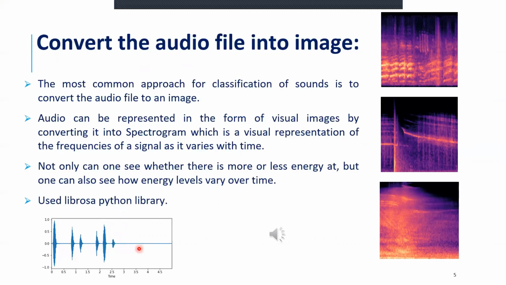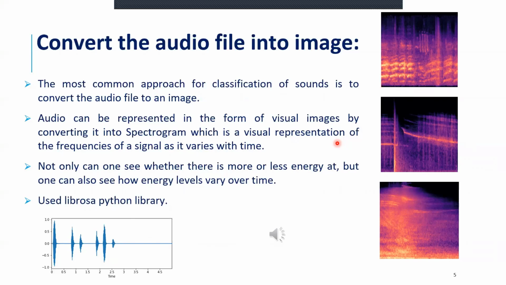You can see here in this picture the frequencies of an audio file that vary over time, and this picture shows a spectrogram of this signal. And we can see from this spectrogram whether there is more or less energy at each signal, and so we can see how the energy level varies over time.